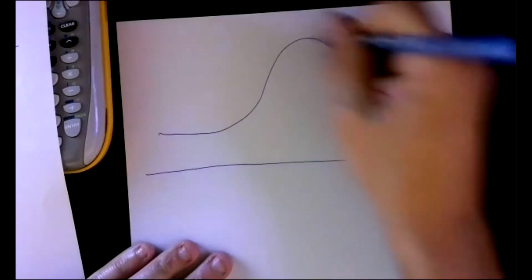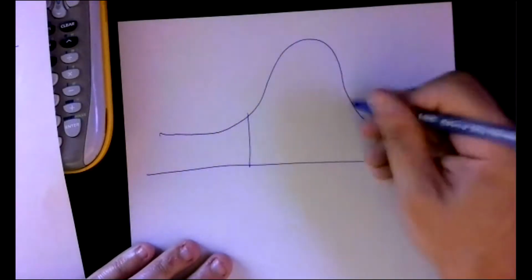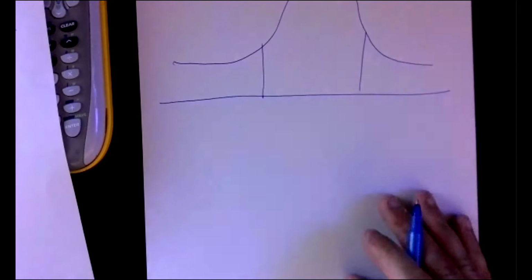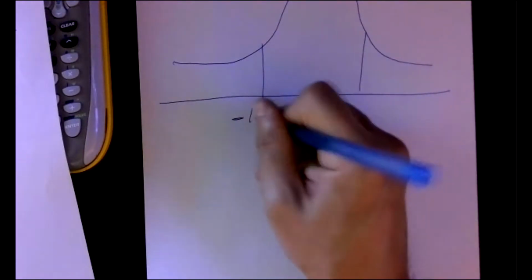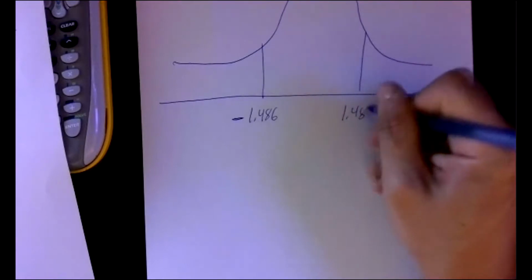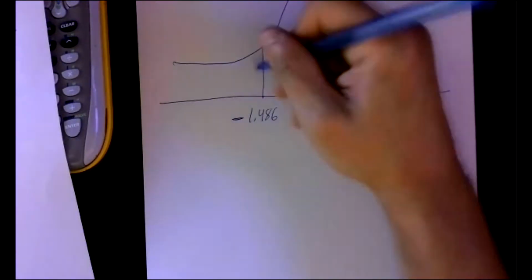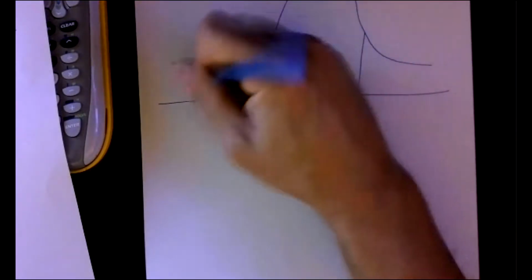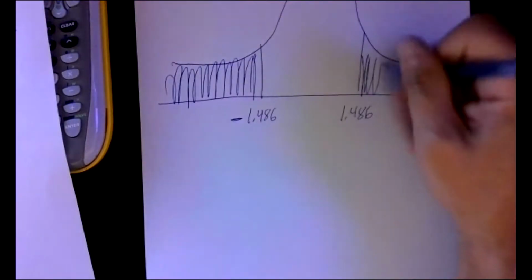Now, if you wanted to use the p-value method here, you could. Still using t, still going to be 2-tailed. The test statistic was negative 1.486, so it'll be positive 1.486 on the right. The p-value is the area in the tails.